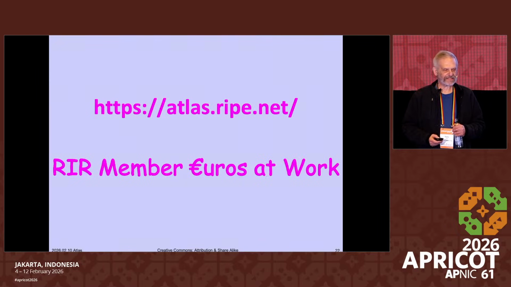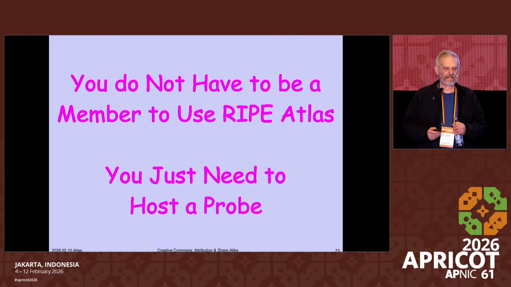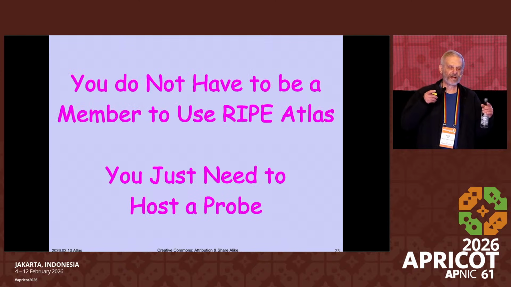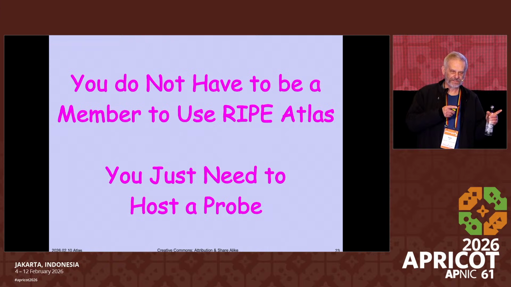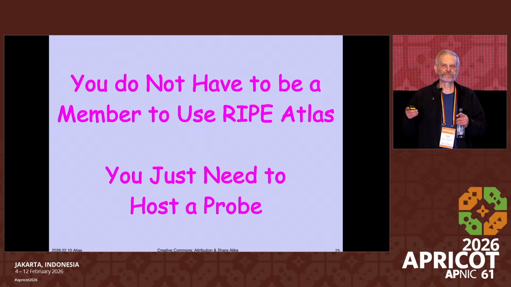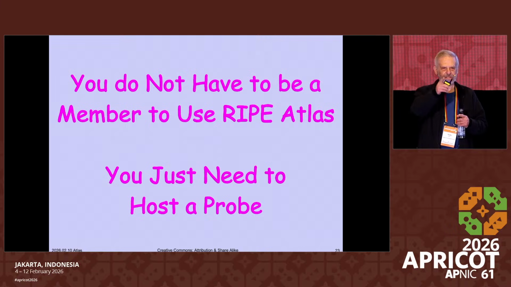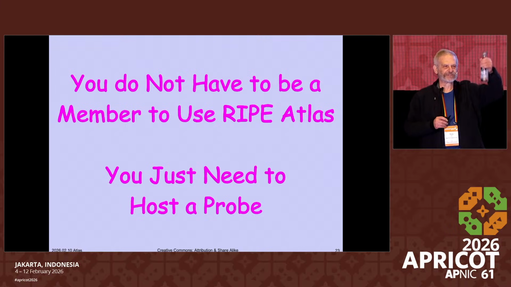One other thing is, note that this is provided to you by the RIR system. Okay, this is the members actually supporting this and supporting tools. You don't have to be a member of the RIPE community to use the probe. You just need to host a probe and talk to that woman there who gave me the drink.